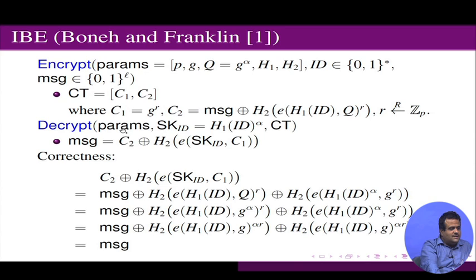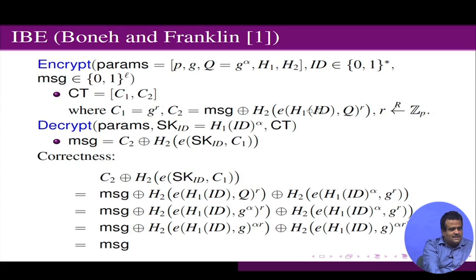Now the receiver also has the public parameter, and has the secret key, which is H1(ID) to the power alpha, and gets the ciphertext over the public channel. Then the receiver can decrypt by applying C2 XOR with H2 of e(SK_ID, C1).